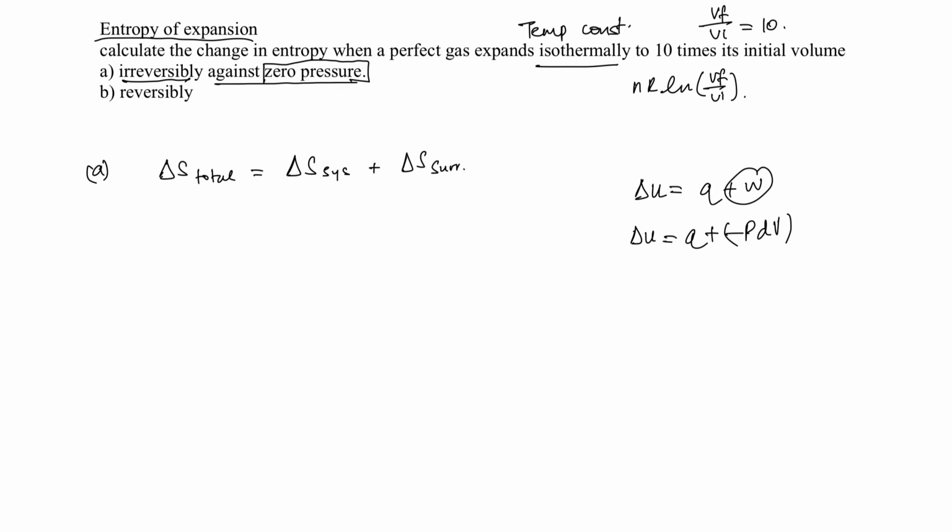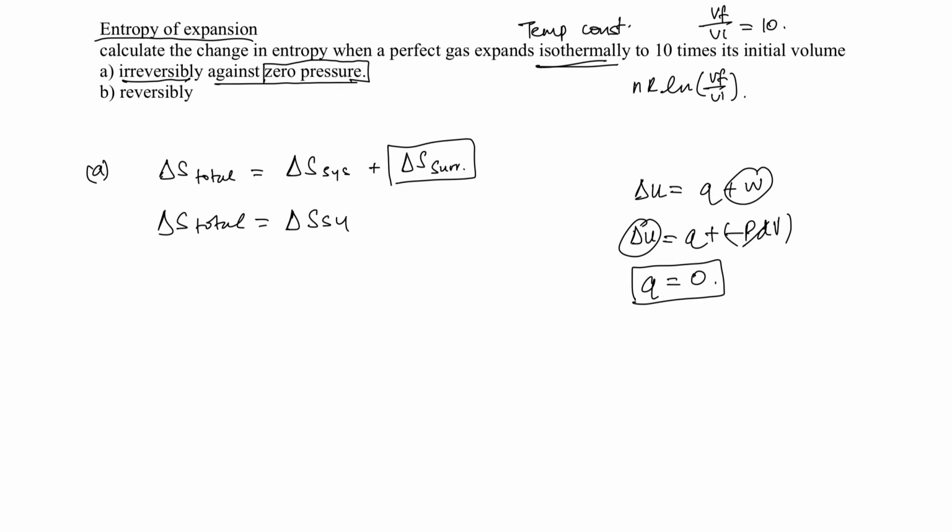So if there's zero pressure, W is 0. And since it's isothermal, delta U is 0. So Q is equal to 0. If Q is equal to 0, the change in entropy of the surroundings is going to be 0. So the delta S total is going to equal the delta S for the system.